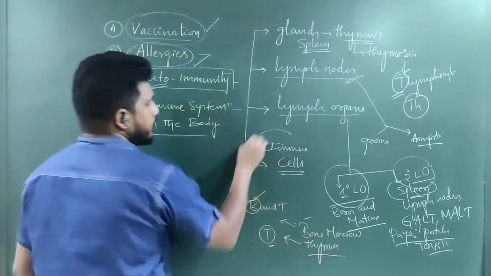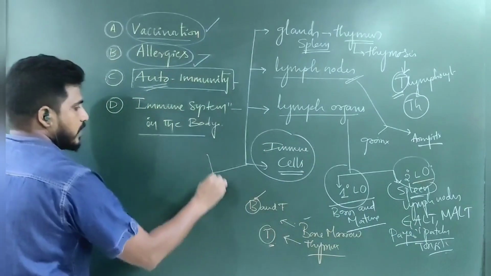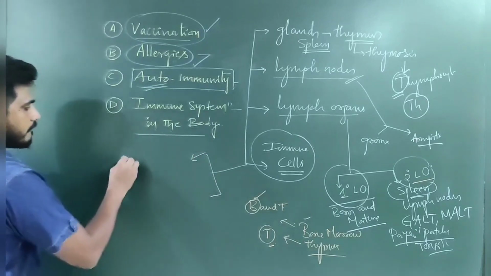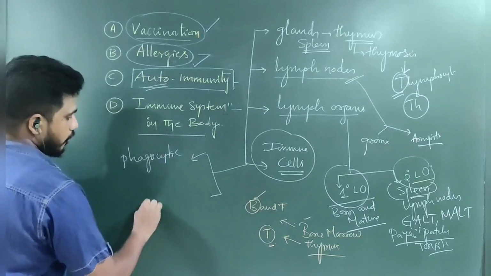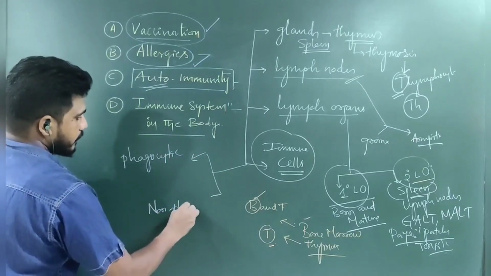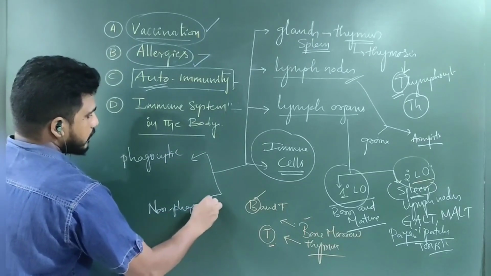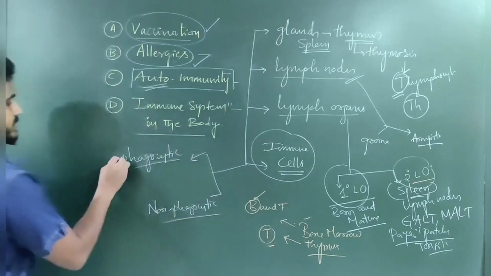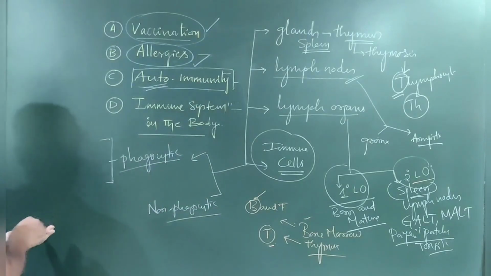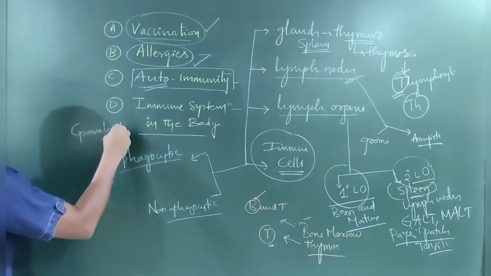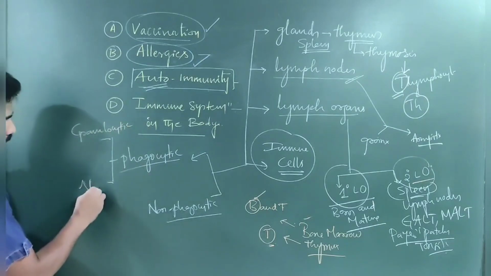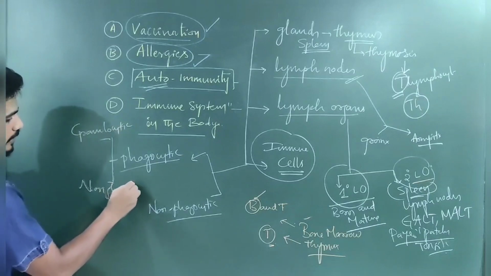The last one, immune cells. Immune cells are of two types: phagocytic and non-phagocytic. Phagocytic cells include granulocytic phagocytic cells and non-granulocytic phagocytic cells.